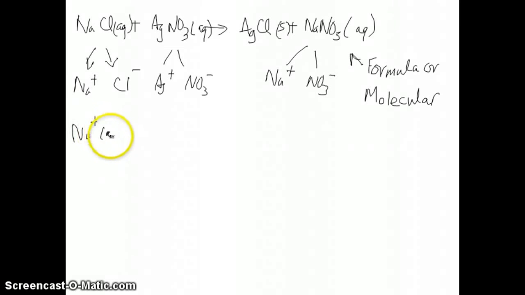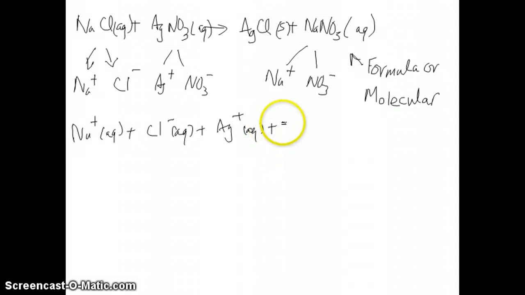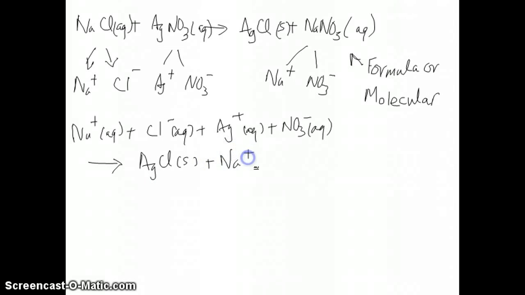So then your complete ionic equation would look something like this. Na plus aqueous plus Cl minus aqueous plus Ag plus aqueous plus NO3 minus aqueous. Okay, I'll write the product at the bottom here, arrow, to AgCl solid and Na plus aqueous and NO3 minus aqueous.